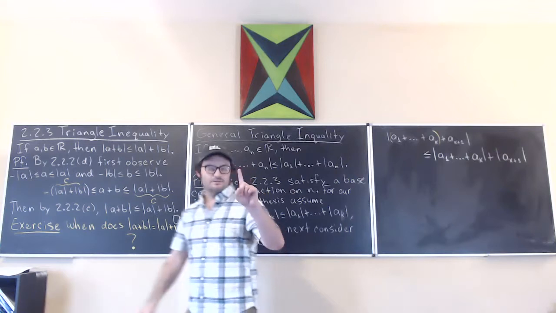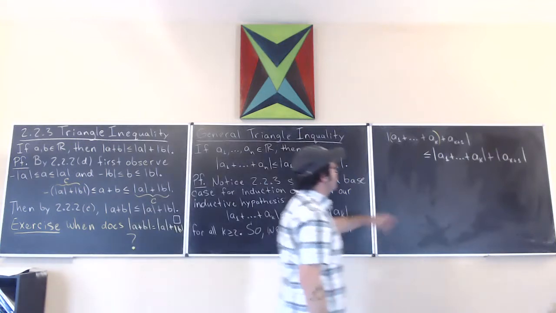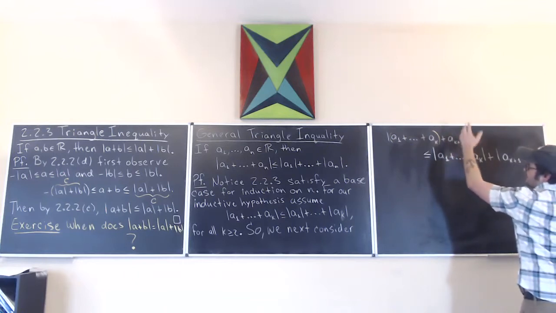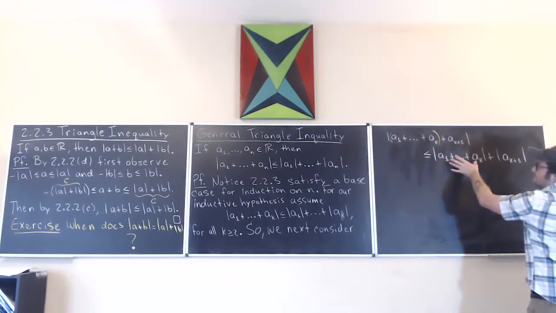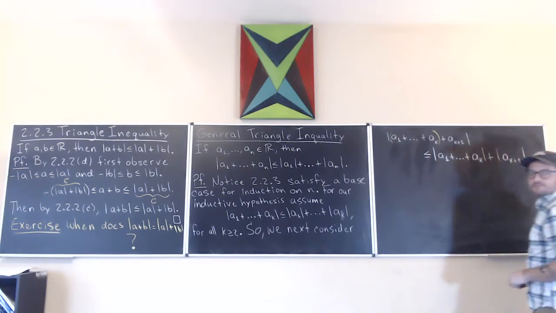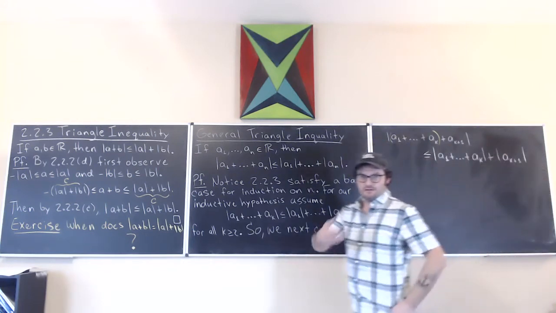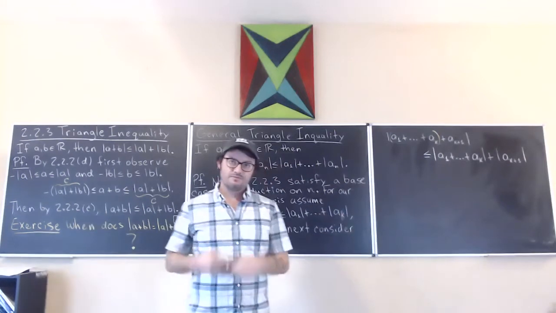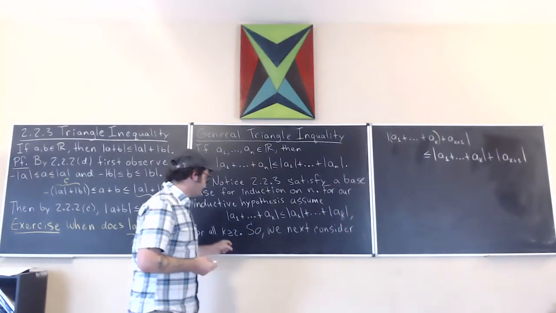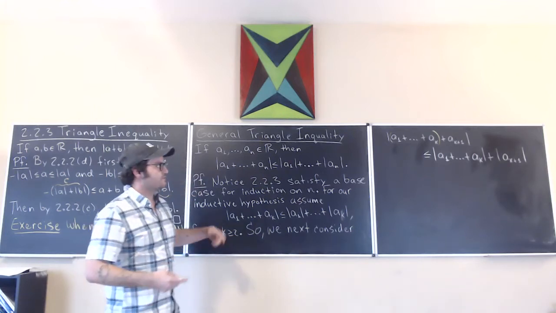If that sum is just a single number, we know that the sum of this number and that number in absolute value is at most the absolute value of the first number plus the absolute value of the second number. So that inequality is based off of our inductive hypothesis, since we can do that for all k greater than or equal to 2.